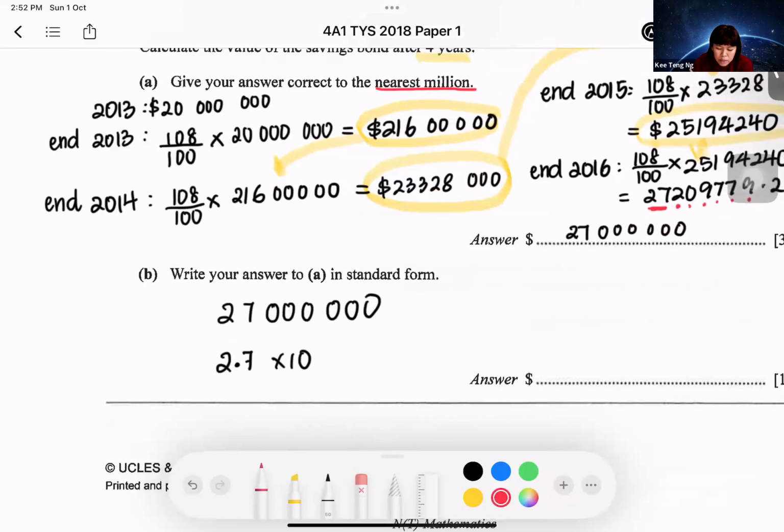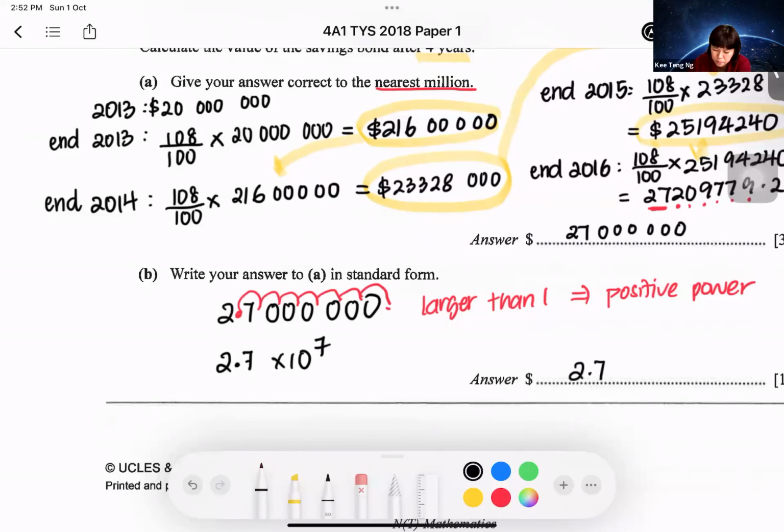And this is a large number, so my power must be a positive power. Okay, let's count. My decimal place is here. 1, 2, 3, 4, 5, 6, 7 places from the original number. So 10 to the power of 7. Have you gotten the concept?